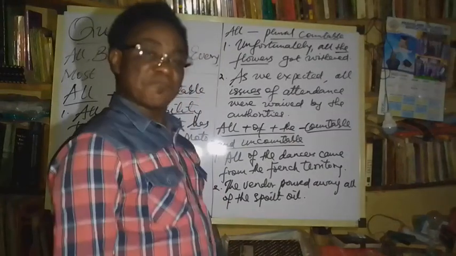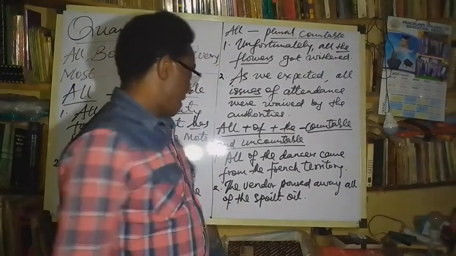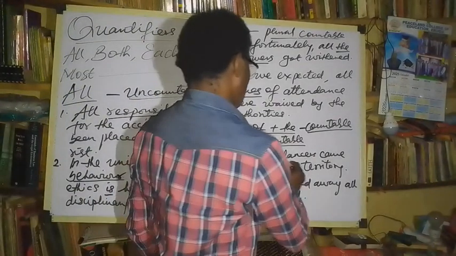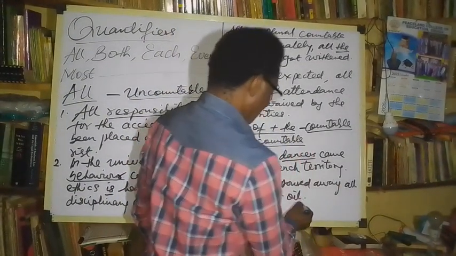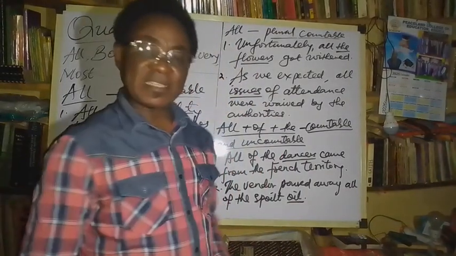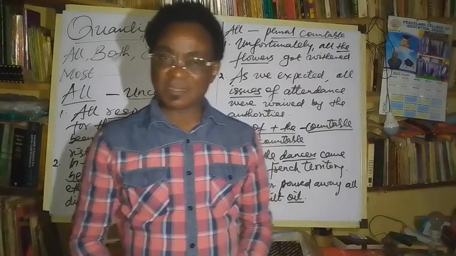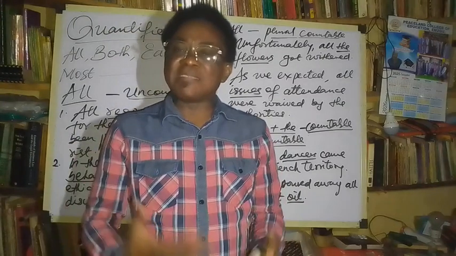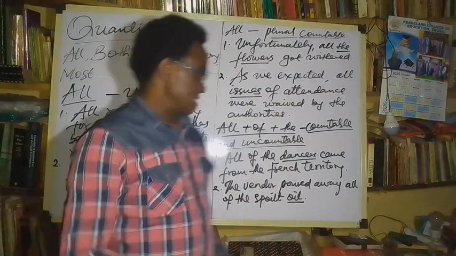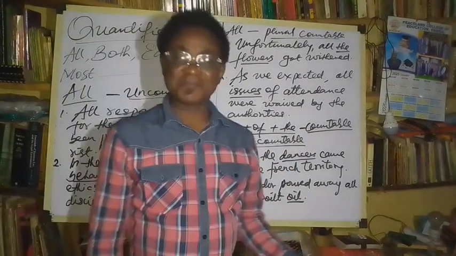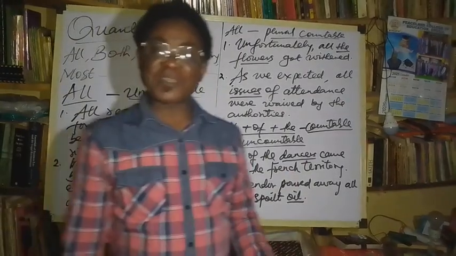It says, the vendor poured away all of the spoiled oil. I'd like you to understand that when we say all of the, we are being emphatic. Because we can also say all the dancers came from the French territory.